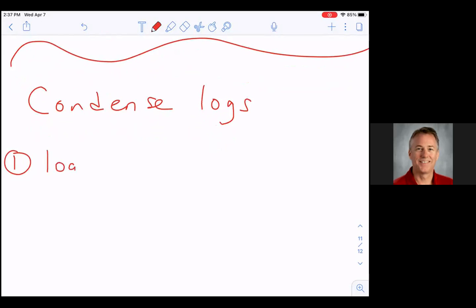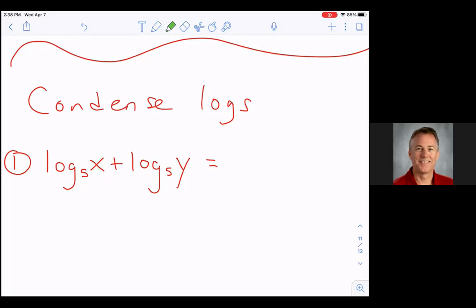So let's say we had log base 5 of x plus log base 5 of y. If I want to combine those into a single log, when I combine them, addition means I can multiply these two things.